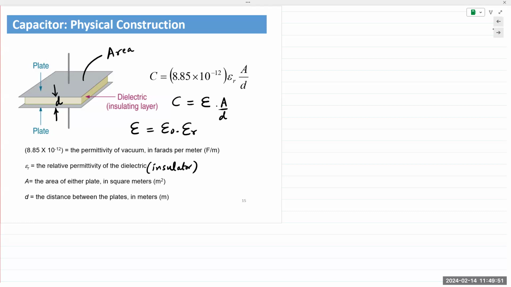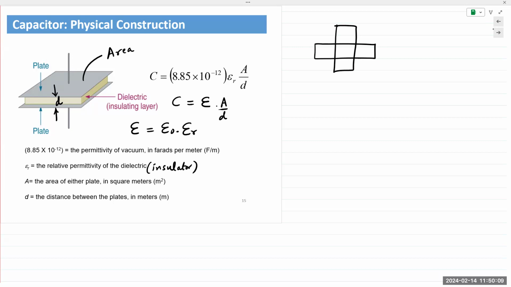But an important point to note, a capacitor is 2 parallel plates separated by an insulating material.